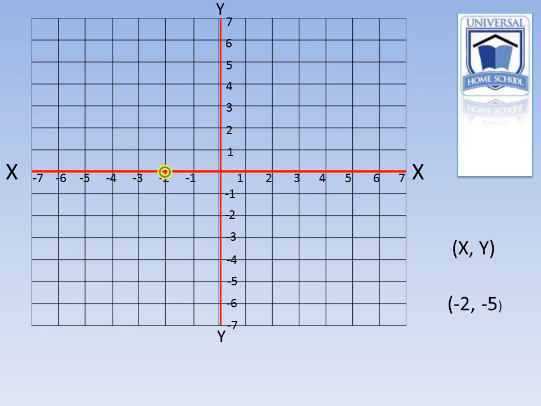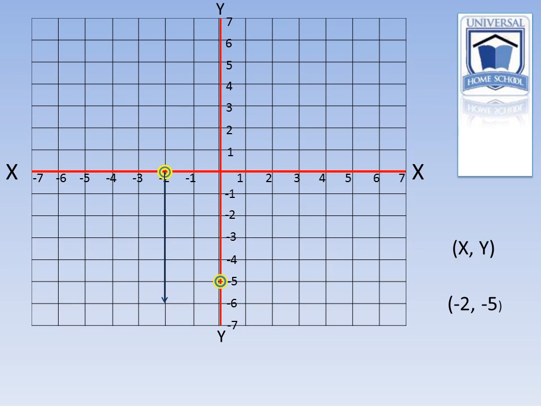Now, what about this set of coordinates here, -2 and -5? Well, they're both negative, so we know they're going to be in quadrant 3. Alright? And we know -2, our first one, which is x, will fall at -2 here. So we know it's going to come down here. Okay?